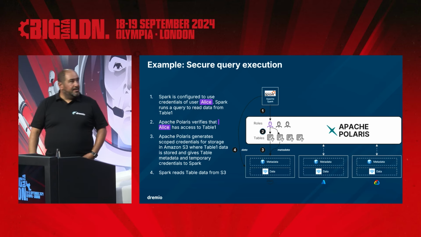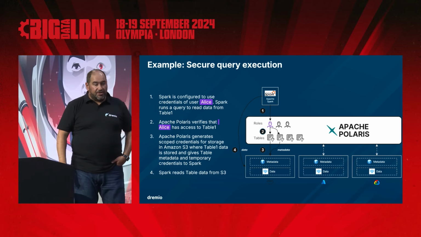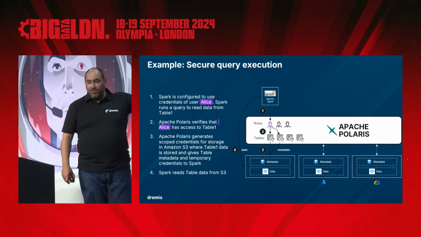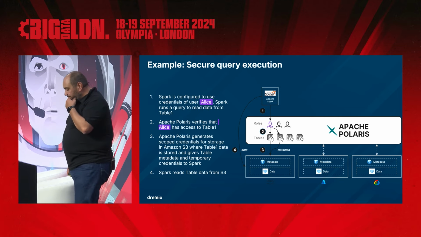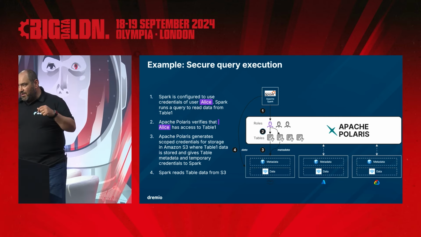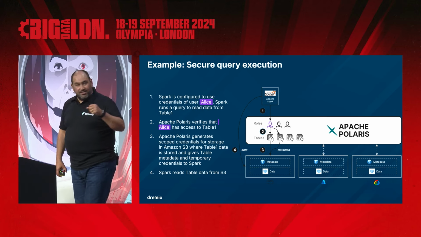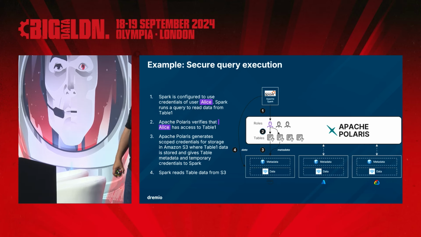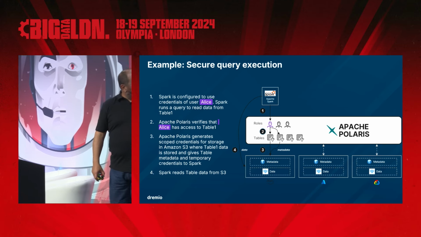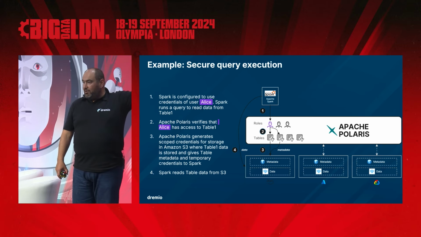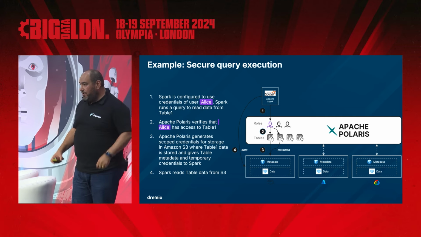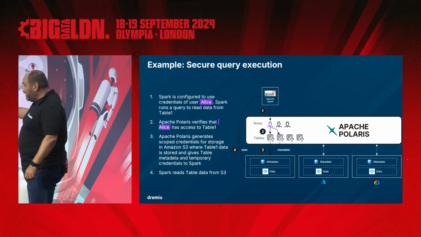So this is an example of a query execution through Polaris. Imagine I'm using Apache Spark as a query engine. This Apache Spark is used by a user, Alice. Alice wants to access one table in Iceberg, so she's going to execute the query on Apache Spark. This query goes through Apache Polaris, which controls the role and credential.